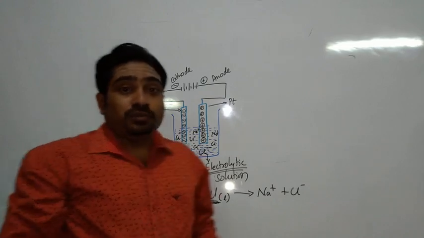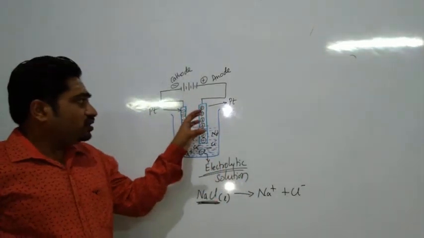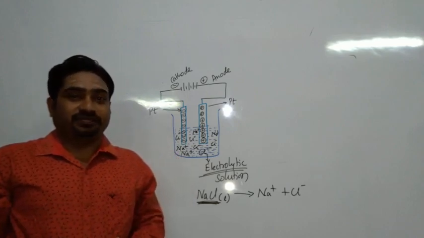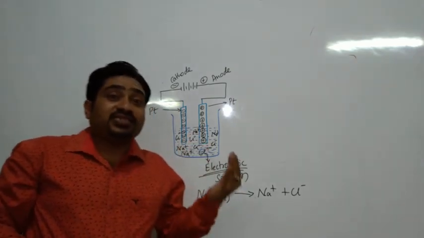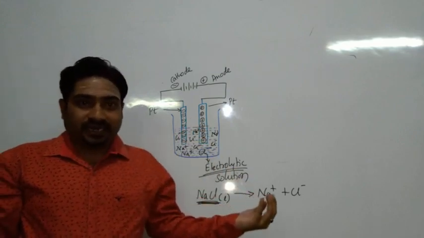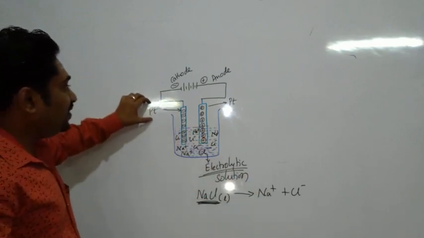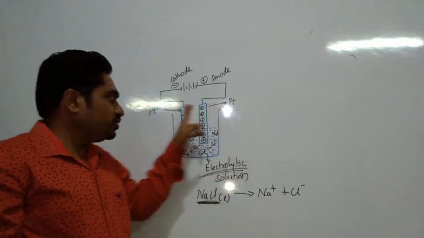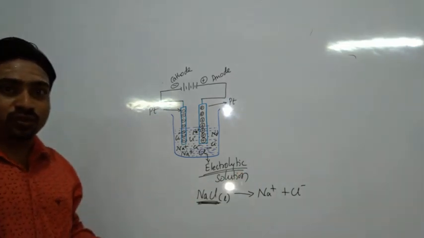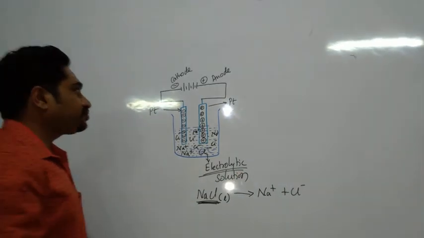Inert means the electrode should not take part in our chemical reaction. It must provide a stage for the reaction, but it will not participate in the chemical reaction. So these platinum electrodes are regarded as inert electrodes.